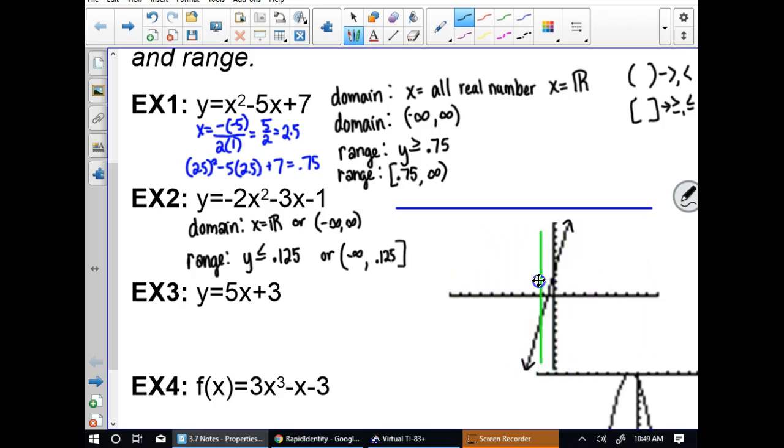It will, if we consider arrows on either end, right? So that tells me my domain, just like the others: x equals all real numbers, or if I'm doing interval notation, negative infinity to infinity.